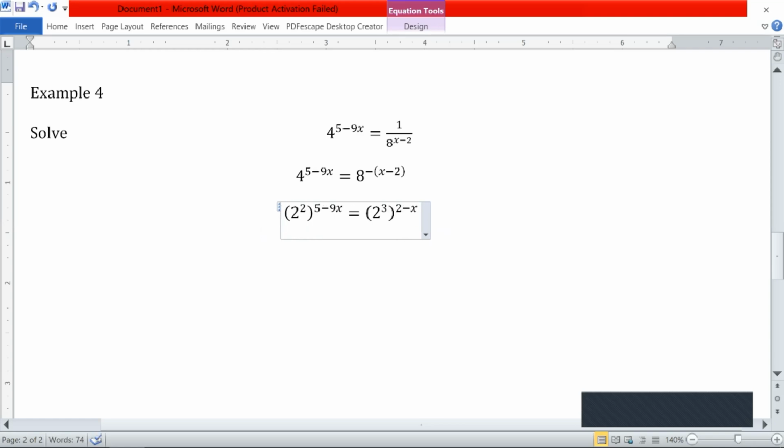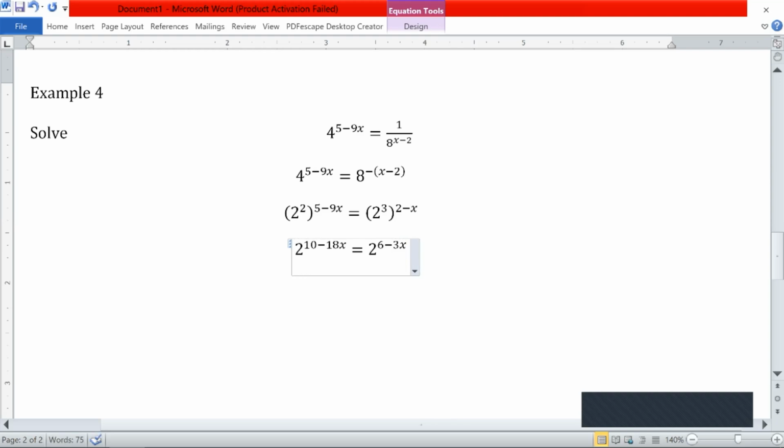Now, let me simplify this. I have power of a power on both sides. So I can write it as 2 to the power of, what is that? 2 times 5 is 10, minus 9 times 2 is 18x. Right? Equals, on the right hand side, I have 2 to the power of, 3 times 2 is 6, minus 3x.